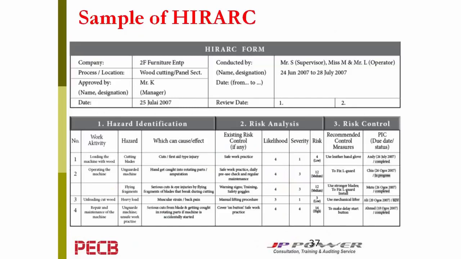Now, ladies and gentlemen, this is just a sample of a form. Many organizations have their own formats. They are welcome to have their own way of assessment. However, no matter how customized it would be, the methodology of HIREC has to be followed.